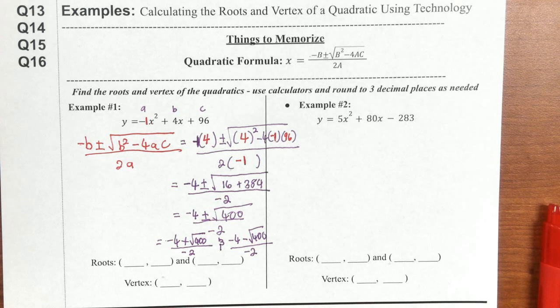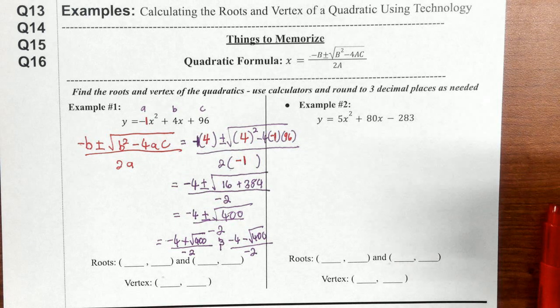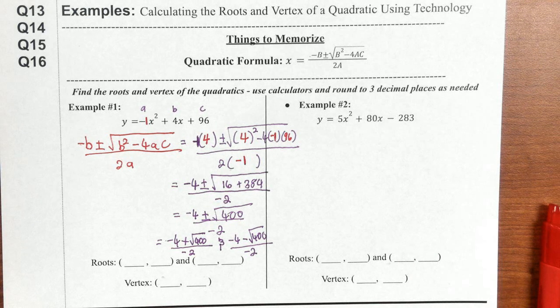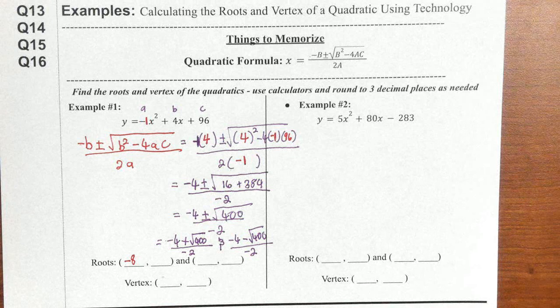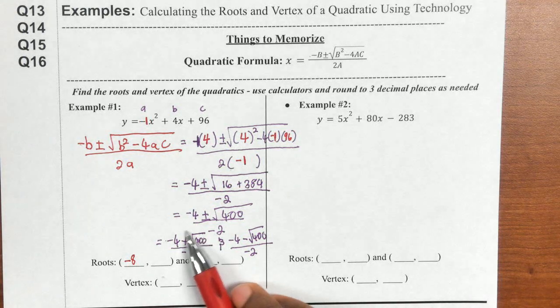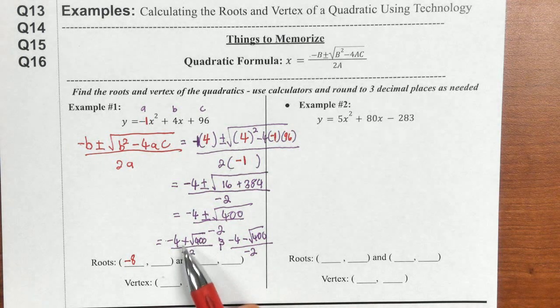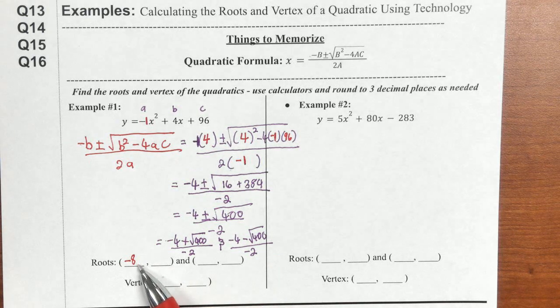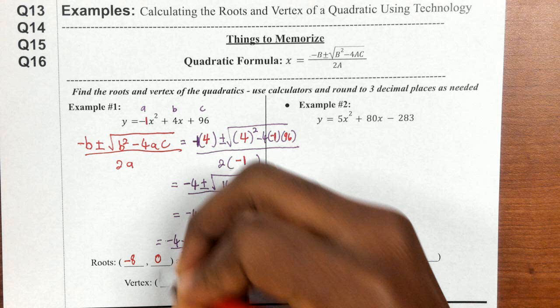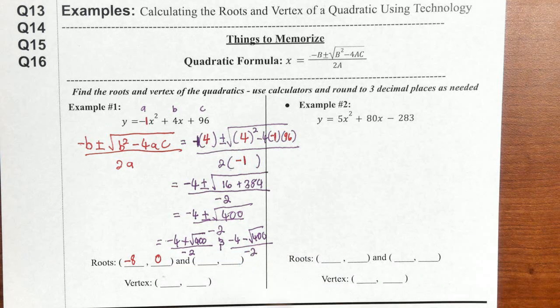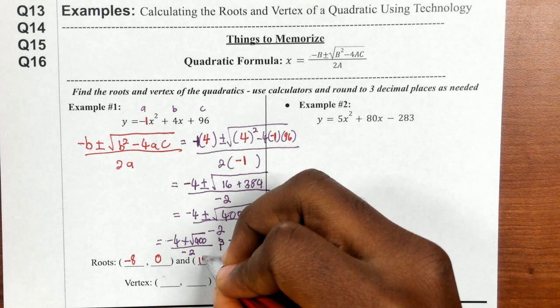When I plug this into my calculator, I would get negative 8. When you represent it as a root, it would be negative 8, 0. Now I'm going to plug the other one into my calculator, and I would get 12.